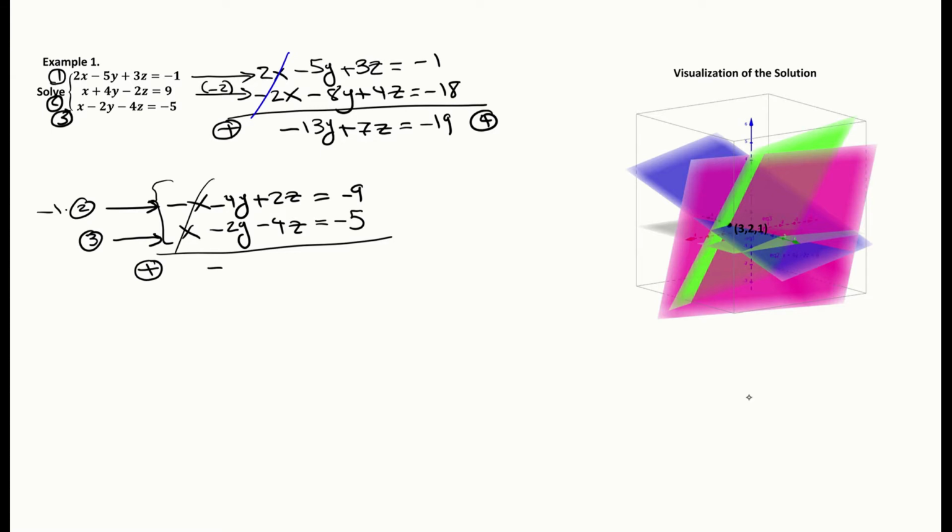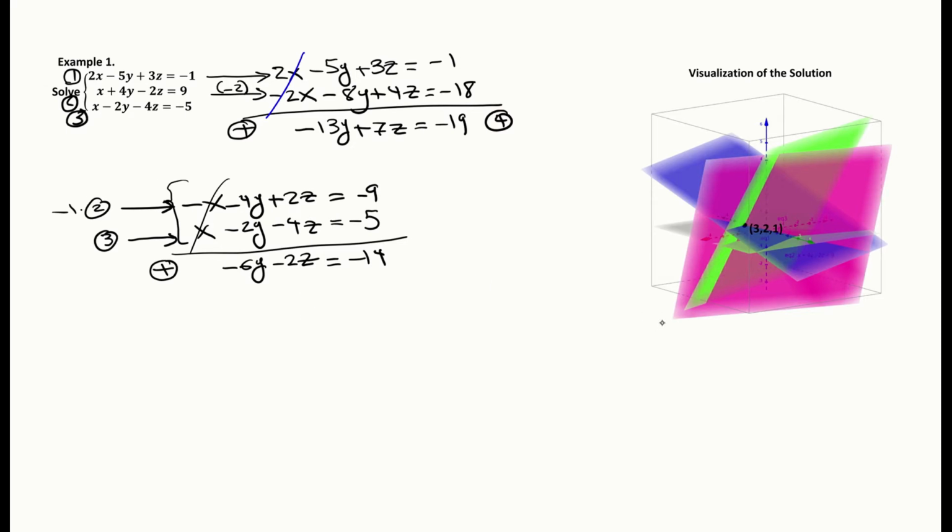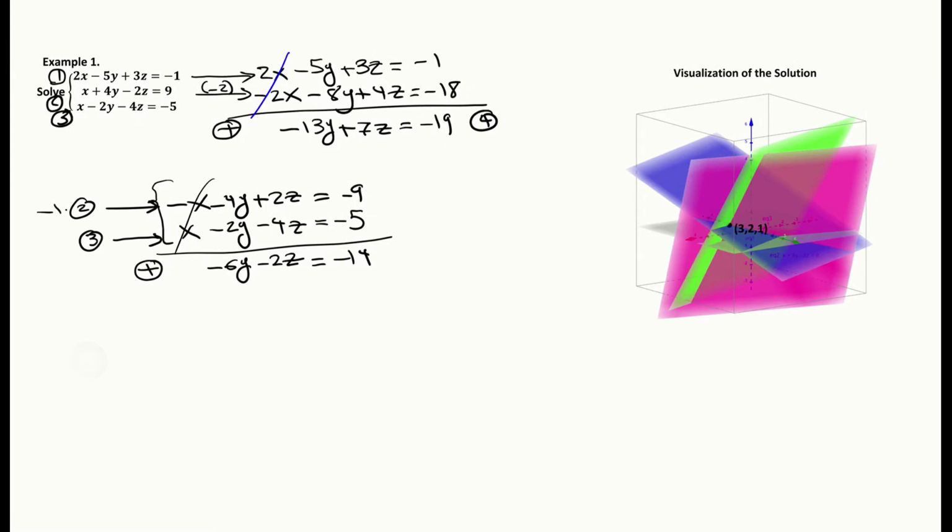We get negative 6y minus 2z equals negative 14. Now, the nice thing here is that we now have two equations in y and z. Let's go ahead and call this one equation 5.